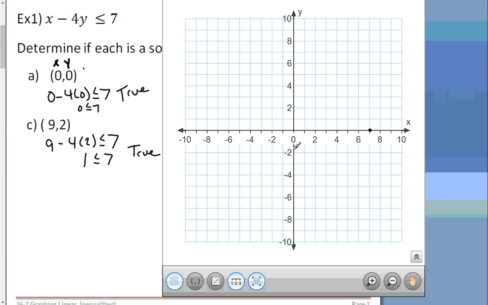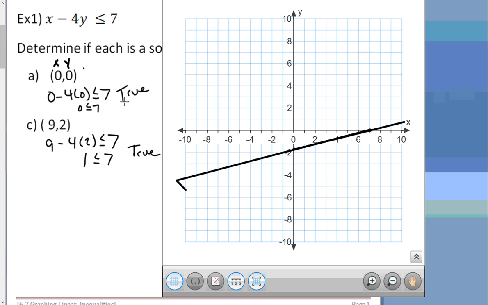So it's about here. Okay, and then my line would look something like this. Quick little sketch of it, right? Okay, so it looks something like that, right?